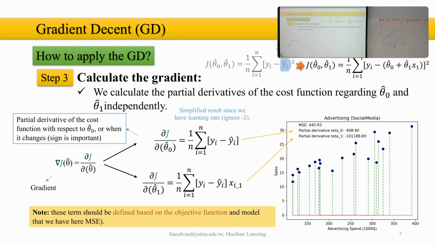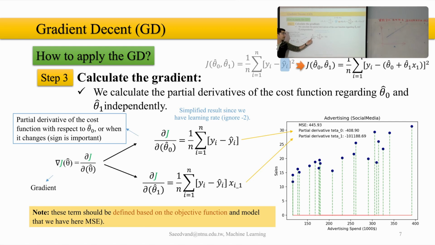Simply, if I want to explain gradient again. Of course I will have two calculations. One depends on theta hat 0. I also pointed out some notes here for you: the partial derivative of the cost function with respect to theta hat 0, or when it changes.